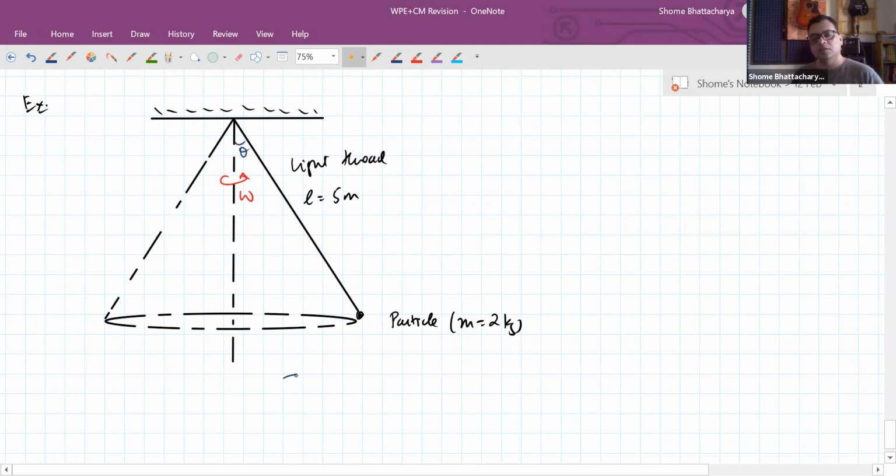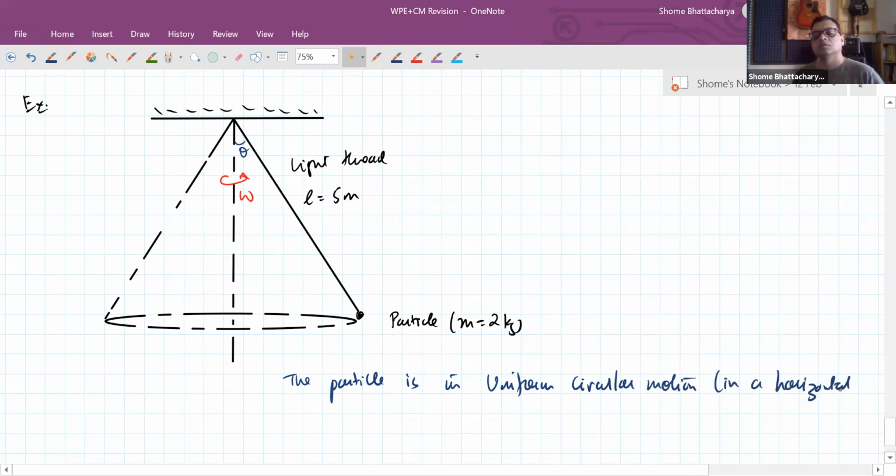So if the particle is in uniform circular motion in a horizontal plane, as you can see, because gravity is acting along this line, such that theta is equal to 37 degrees.